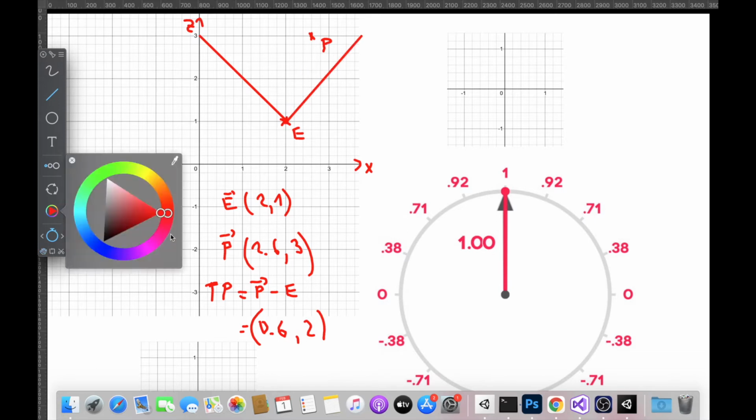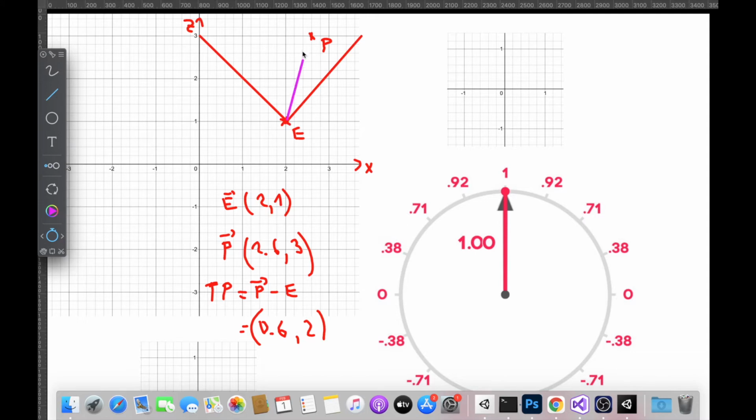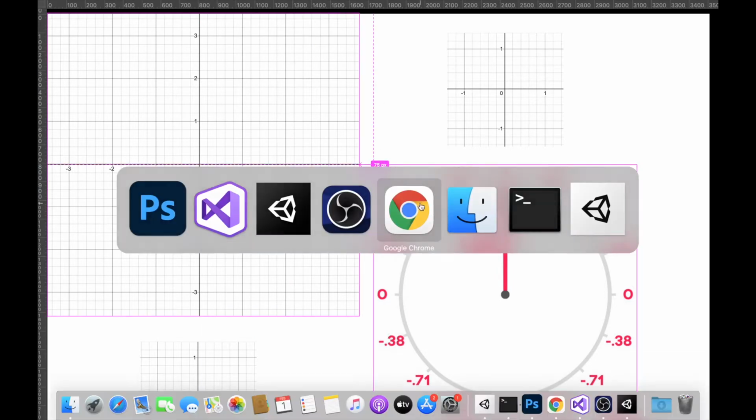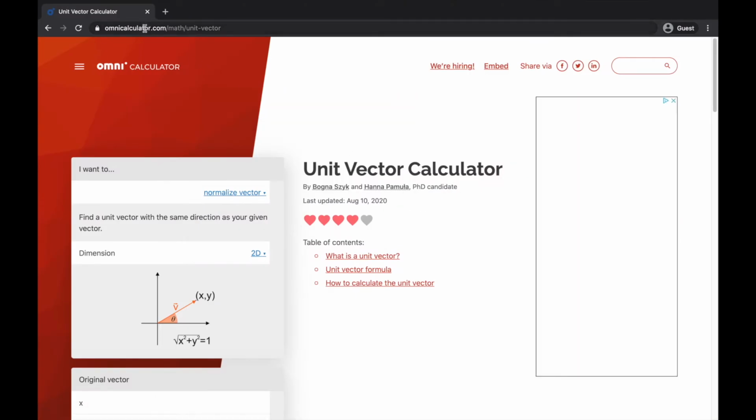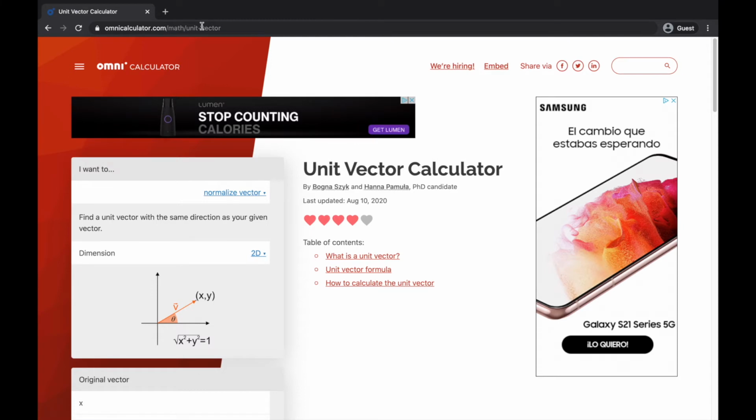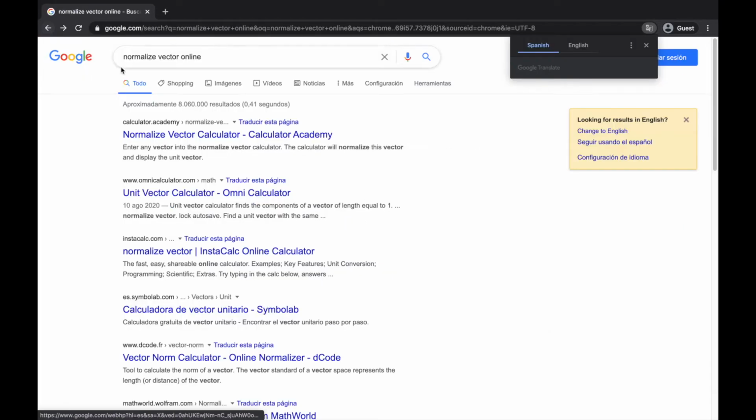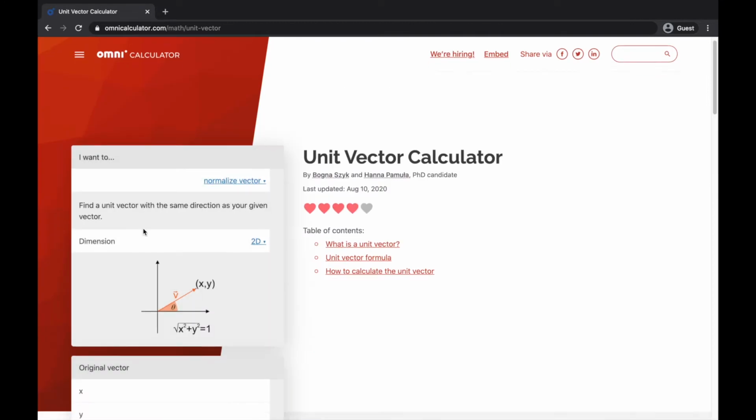Here I will mark this as our enemy-to-player position. This is our enemy-to-player vector, and we would like to scale it down now. So 0.6 and 2, you can put it into Omni Calculator, for example. I just searched Google for normalized vector online, and let's go here to Omni Calculator and place these values.